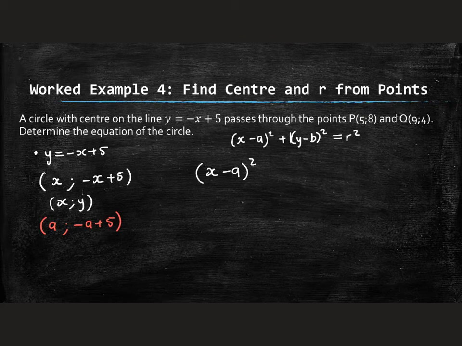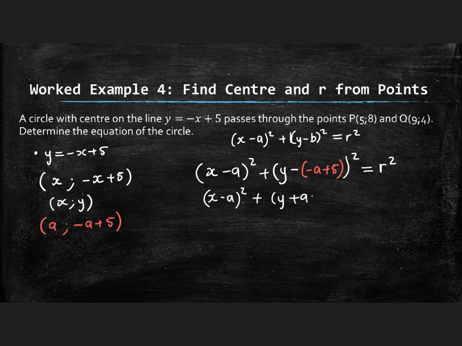But I could replace b with another name, and the other name I'm going to replace it with is minus a plus 5. That's the pair value of it. And that means I've got an equation that I can neaten out a bit. I could say that I've got x minus a all squared, and I've got y plus a minus 5 all squared equals r squared.